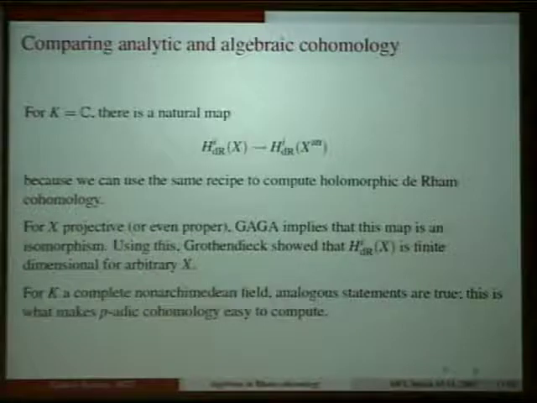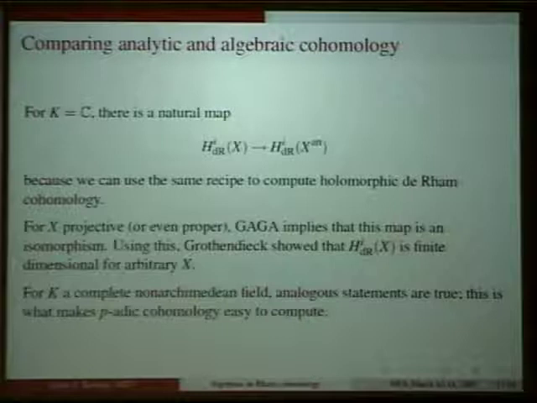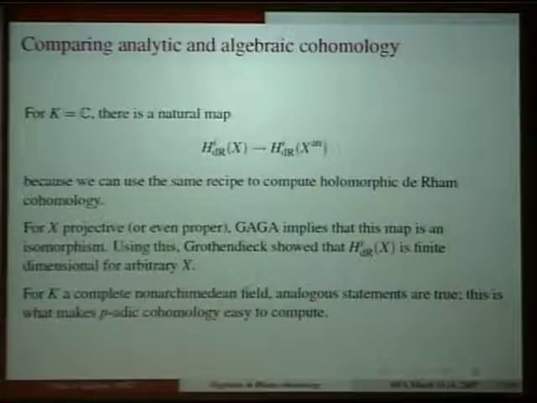And then the thing that you notice is that if X is, say, projective, or even proper, if you read the back of SGA1, you can apply Serre's GAGA principle, which says that computing, among other things, the cohomology of a coherent sheaf, or actually a whole complex of coherent sheaves, if you start out with a bunch of algebraic coherent sheaves, and you compute cohomology in the algebraic category, and then in the analytic category, you get exactly the same thing.